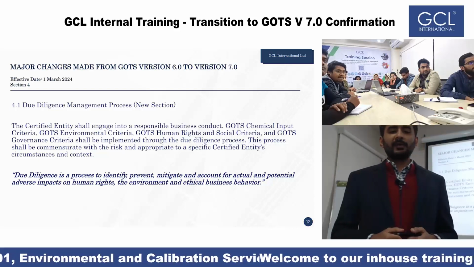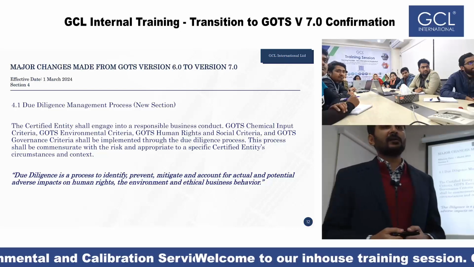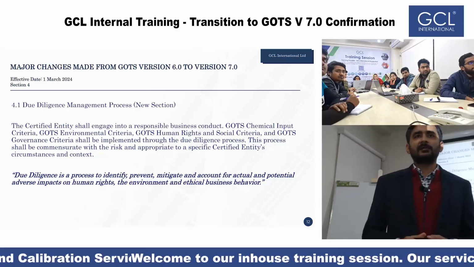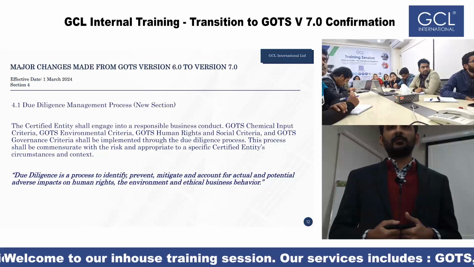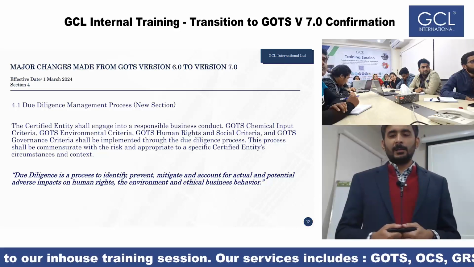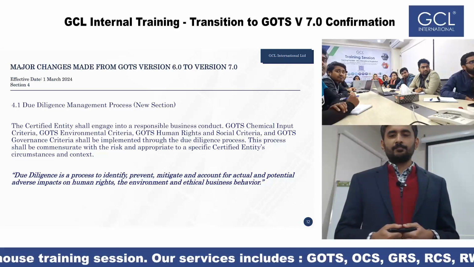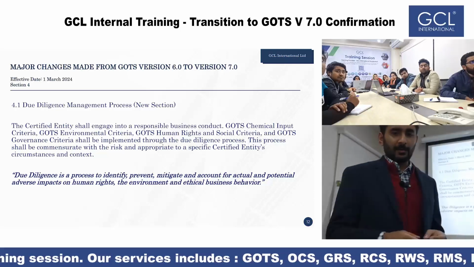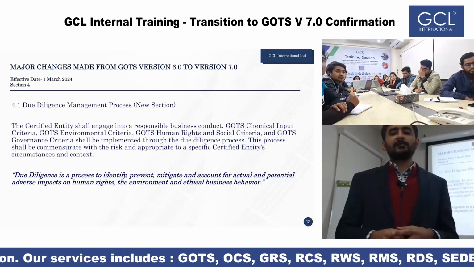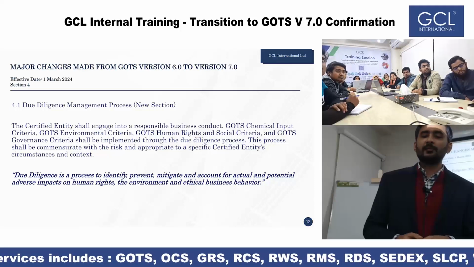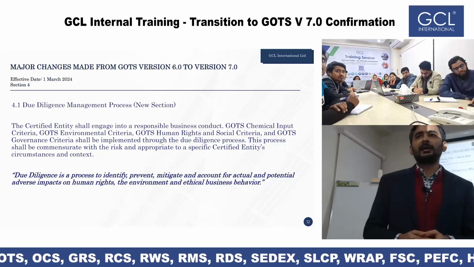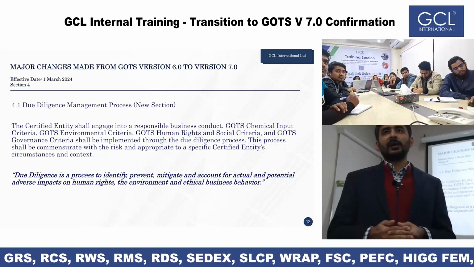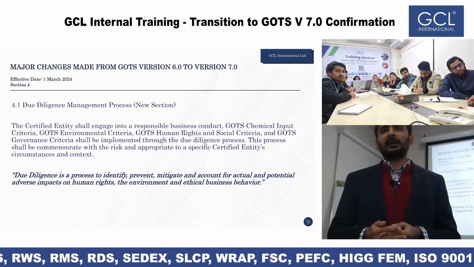So, in terms of that, we need to understand what they have indicated as due diligence. The main concept of due diligence is that this is a process to identify, prevent, mitigate and take action on any actual or potential adverse impact.